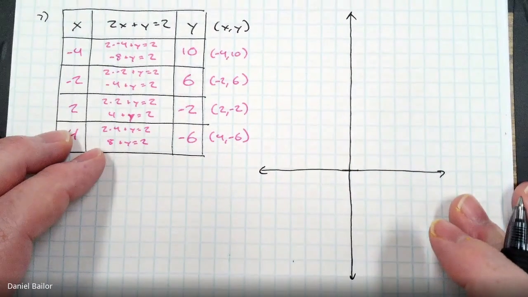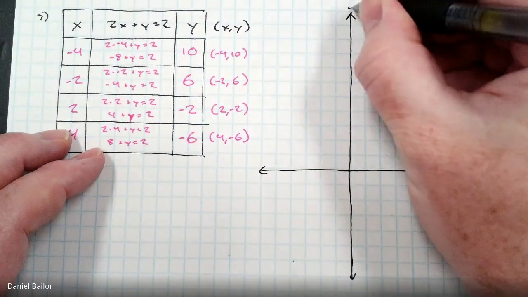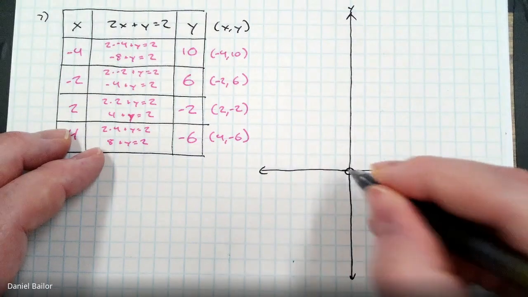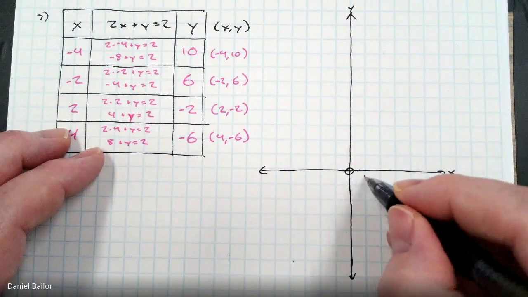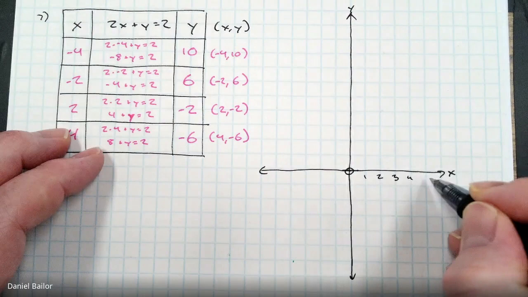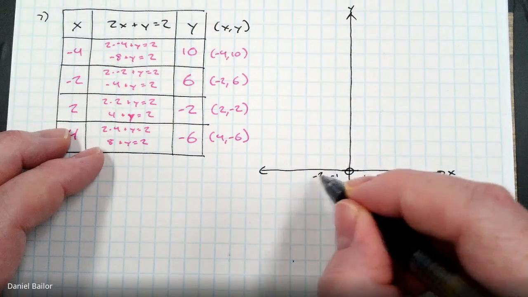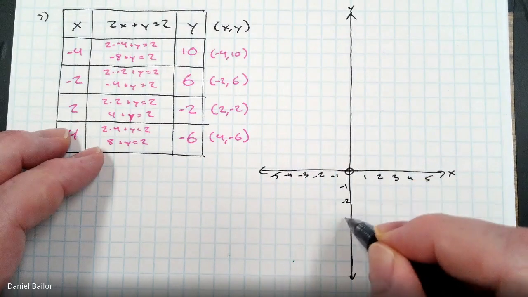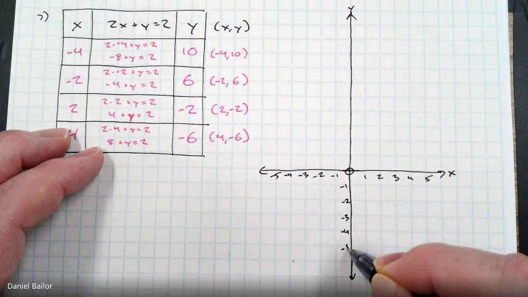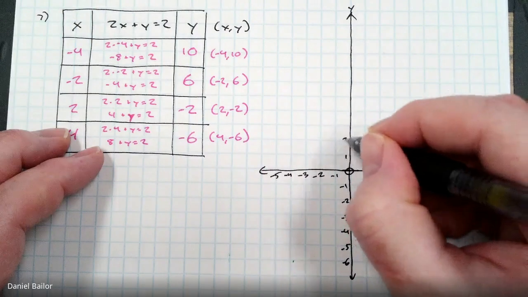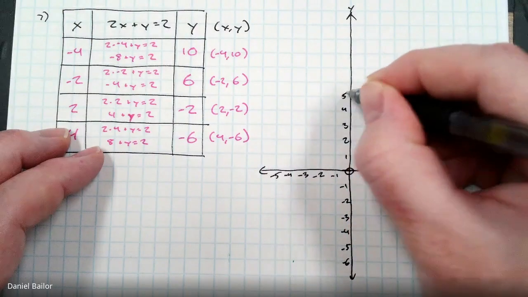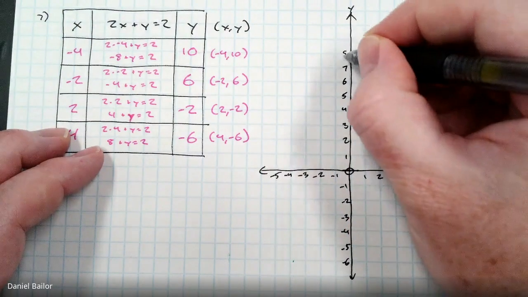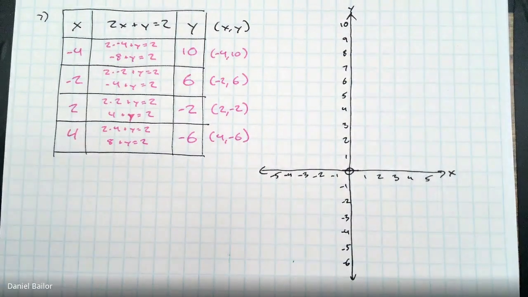Let's see if I can fit all on the camera for you. Here's my y-axis. Here's my x. There's my origin at 0, 0. Let me label all my intervals so it's easier to read. There we go. Okay, so we have that graph right there.